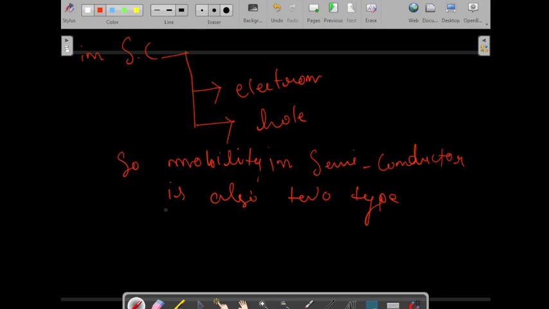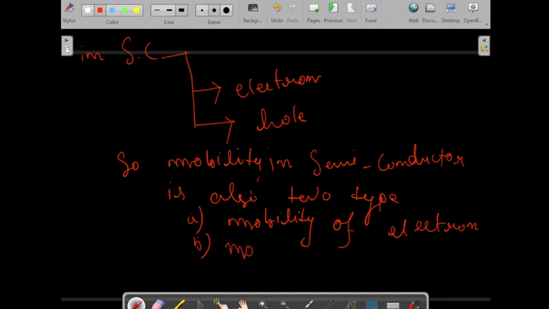One is mobility of electron, and the second one is mobility of hole.